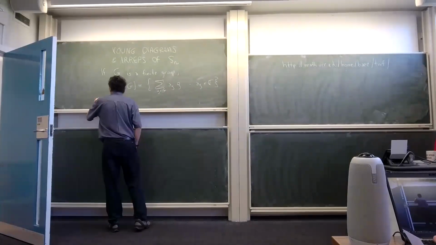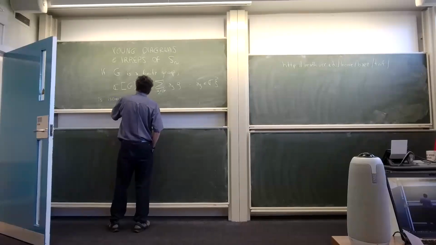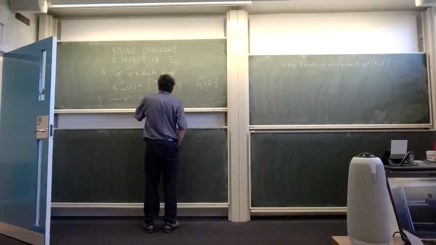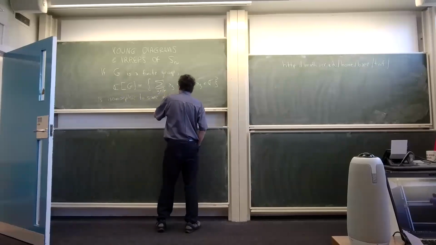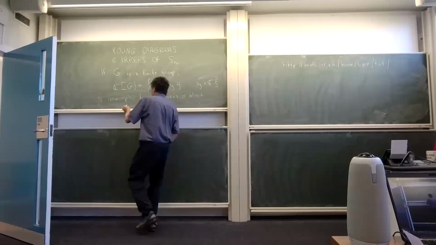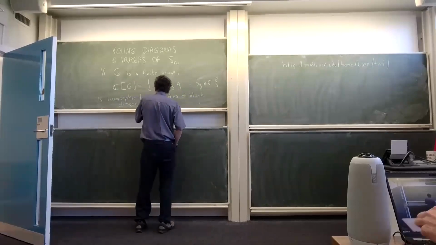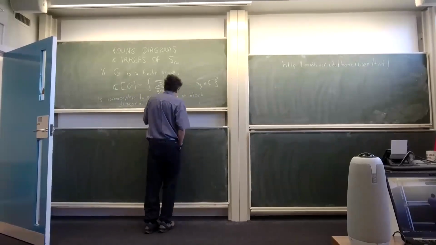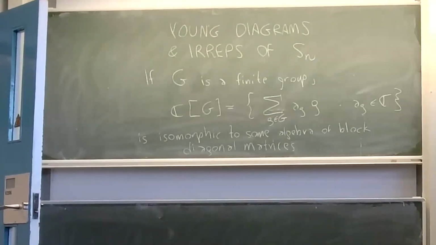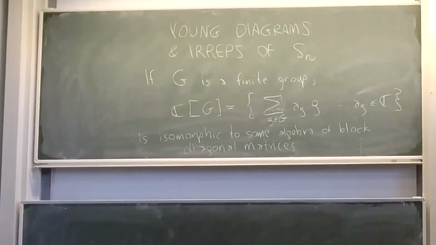And then the theorem says that this is isomorphic, as an algebra, to some algebra of block diagonal matrices. And this is the key to understanding the irreducible representations of the group G, because it's very easy to get matrices to act as linear transformations of a vector space.